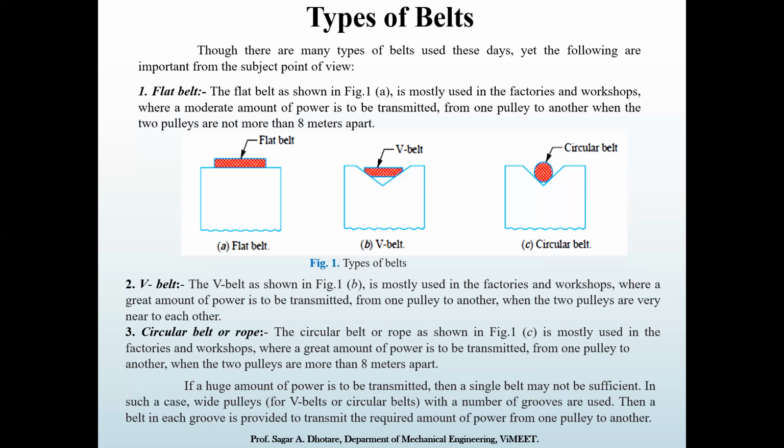Each groove transmits a required amount of power from one pulley to another. A simple example: if we are transmitting 8 kilowatts with a single V belt, the total 8 kilowatts of power is transferred by that belt only.